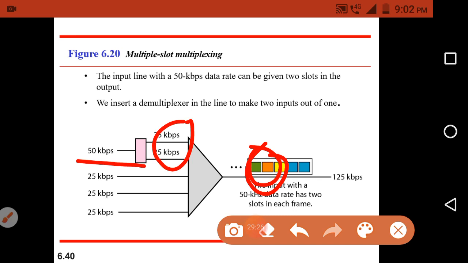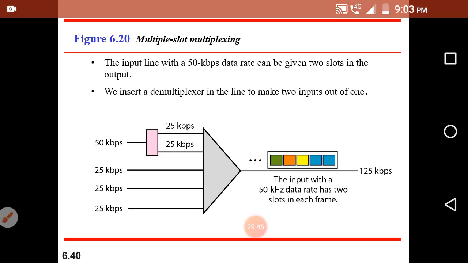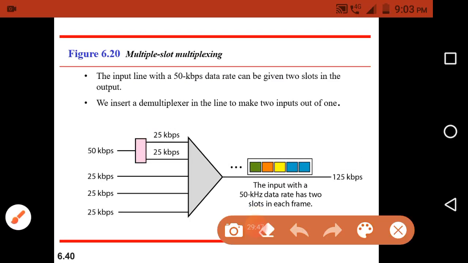Here the input line with 50 kbps data is given two slots in the output frame, when we insert the demultiplexer into the line to make two inputs out of one. Then each link has an equal data rate, 25 kbps, 25 kbps, 25 kbps.